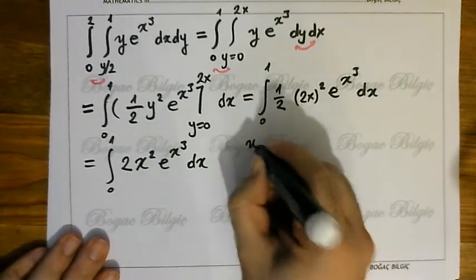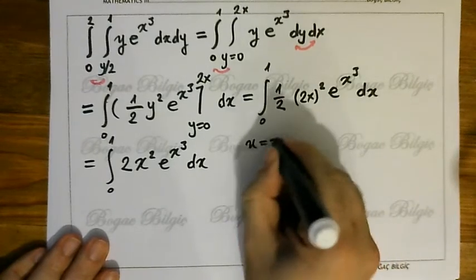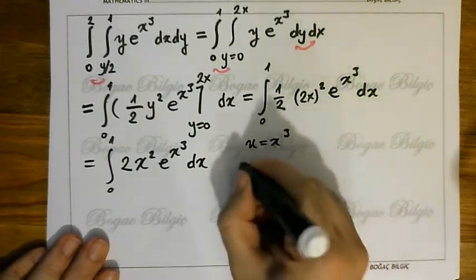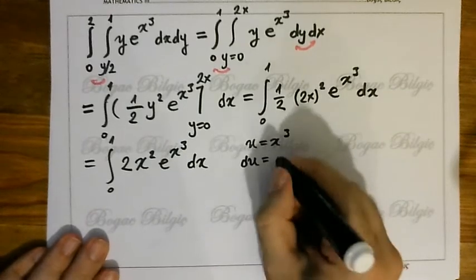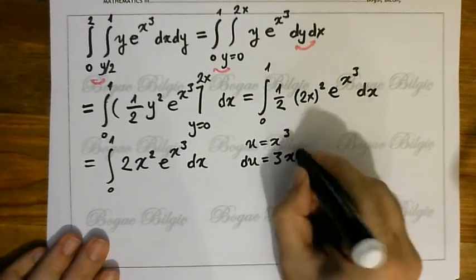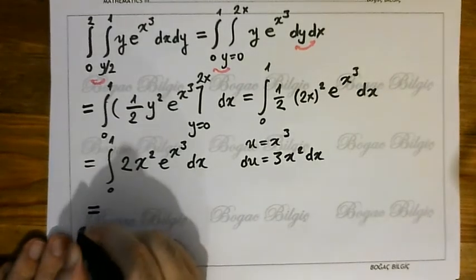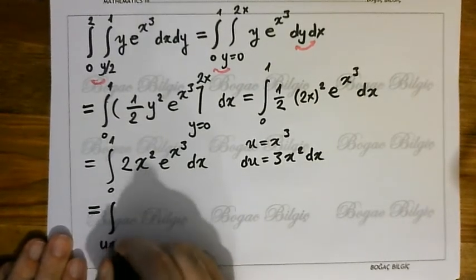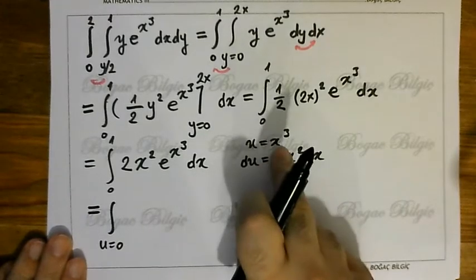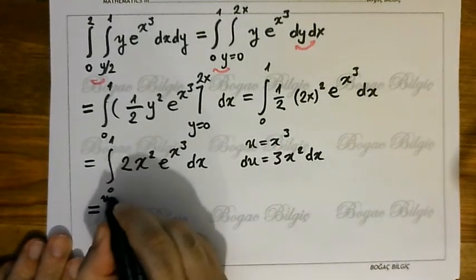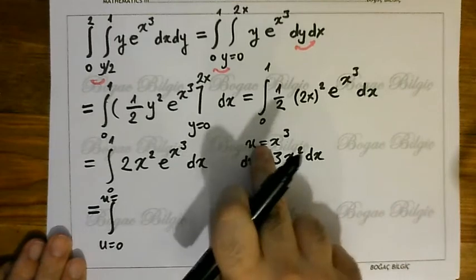We say u equals x cubed, so du equals 3x squared dx. When x is 0, u is 0, and when x is 1, u is 1.